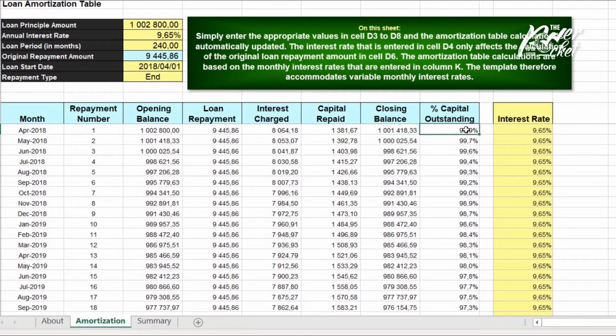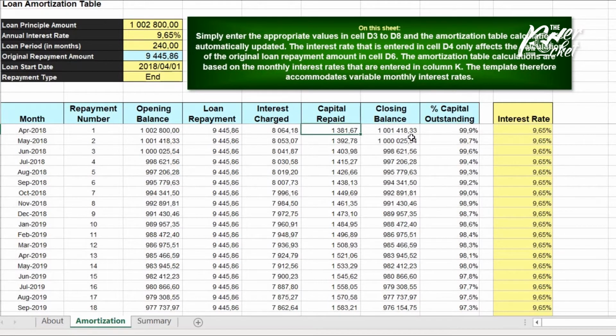And here it shows you the percentage capital outstanding. So this alone should scare you to stay away from unnecessary debt, because you're paying so much to the financial institution, and that's why your repayments always seem like they're going nowhere, right?